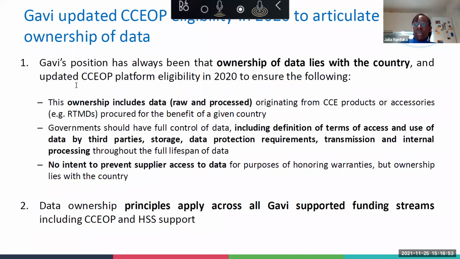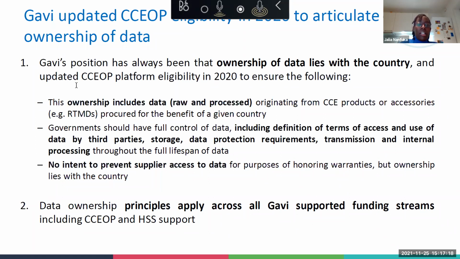But again, this doesn't limit the fact that manufacturers still need access to this data to be able to implement warranties, but also to make any product improvements that are needed based on the actual field performance data coming from countries. So that's something to emphasize with countries, to try to reduce the barrier that countries are seeing in terms of access.